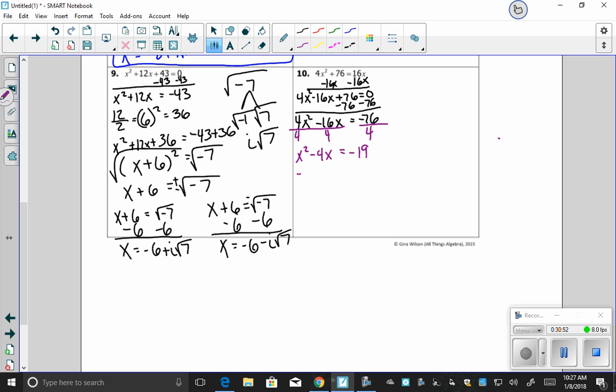Now I take the negative 4, divide by 2. Negative 2 squared is 4. Plug it back in and add 4 to both sides. Factor.